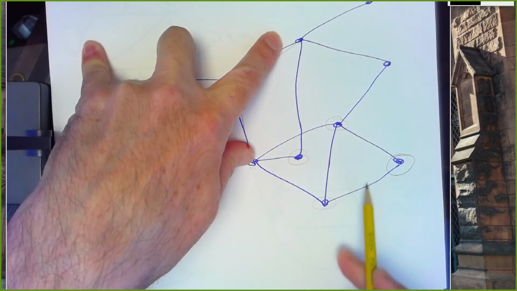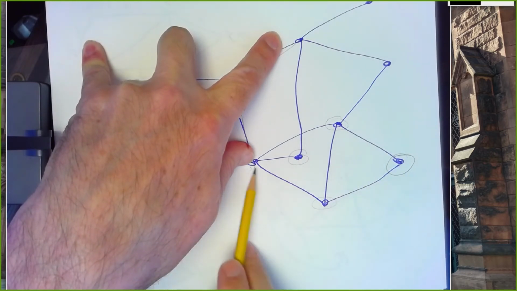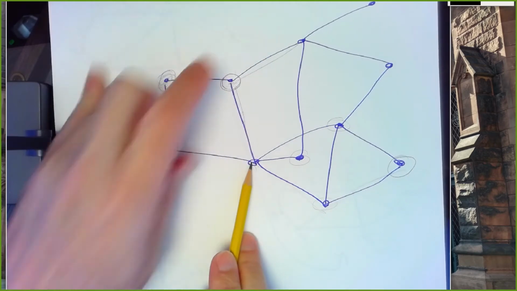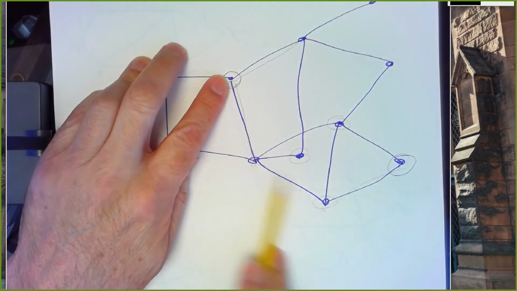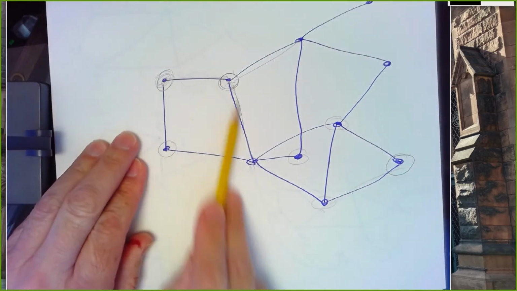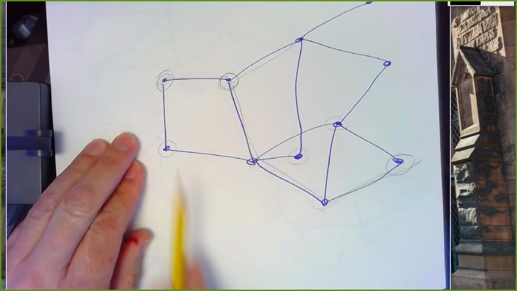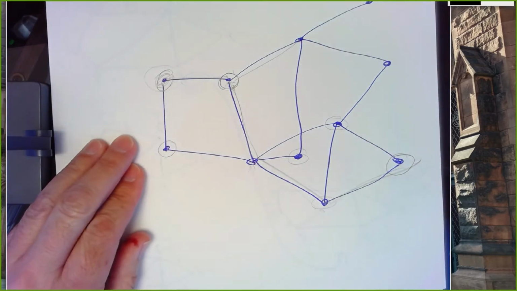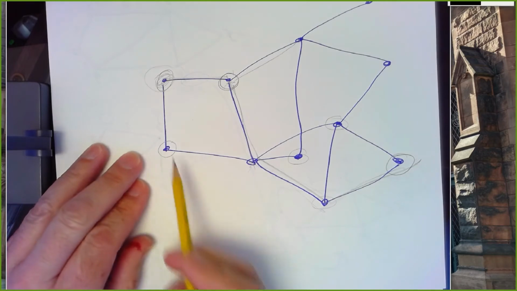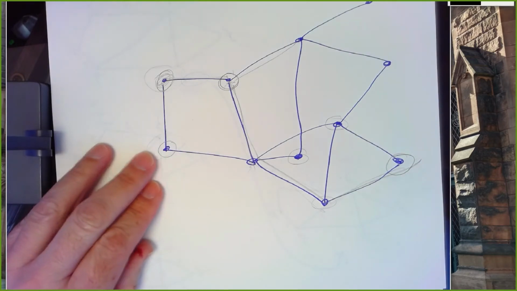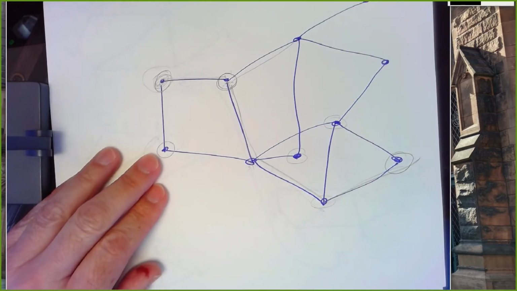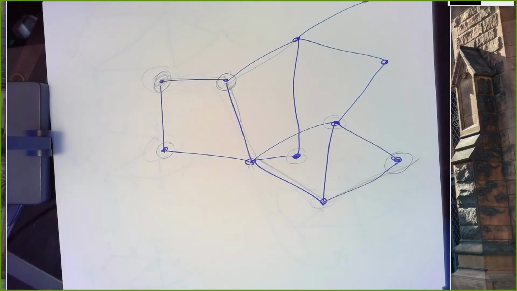Well, I've got 2 paths of 1 edge from here, so I can find a path of 2 edges from here, which means I can find a path of 3 edges from here, which means I can find a path of 4 edges from here. I have to repeat that from this vertex, though, and see what the shortest path is I can find. So that's recursion, or it can be stack-based processing, and so on.